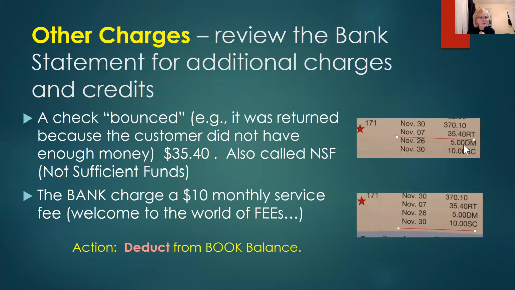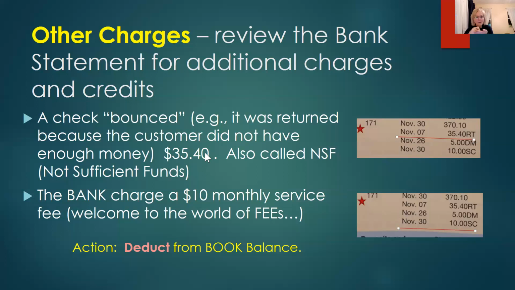Okay, so now we have two more items, $35.40 and $10. So let's start with the $10. The bank charges a $10 monthly service charge. Okay. So we knew that was subtracted because it's in that column that says checks or debits. So we're going to deduct the $10 from the book balance and we're going to call it service charge. Okay. The RT is an interesting situation. It's a bounced check. So what that means is a customer paid the company.